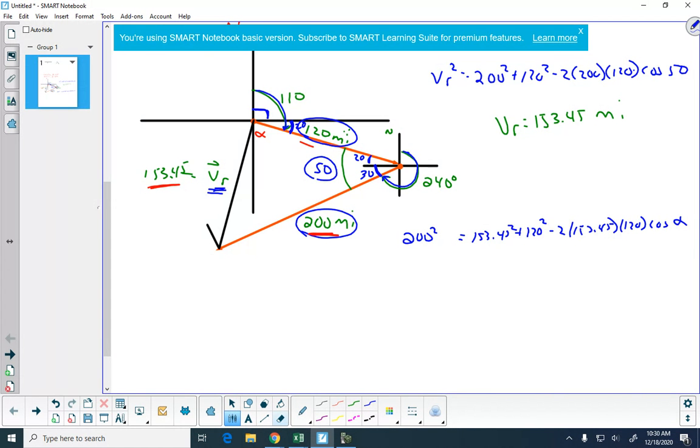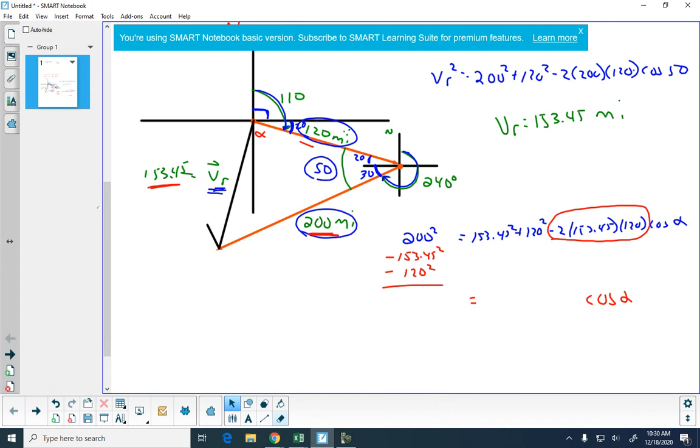So the law of cosines will take care of that for you. So we can subtract off our 153.45 squared, subtract off our 120 squared. On the right-hand side, we can multiply the negative 2 times 153 times 120 and get a coefficient.